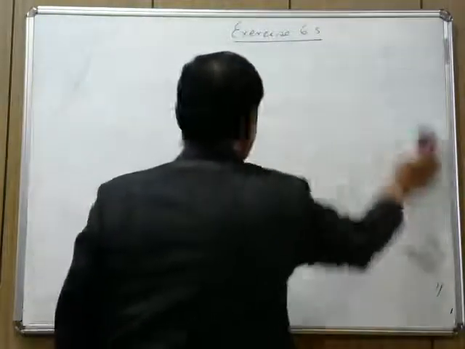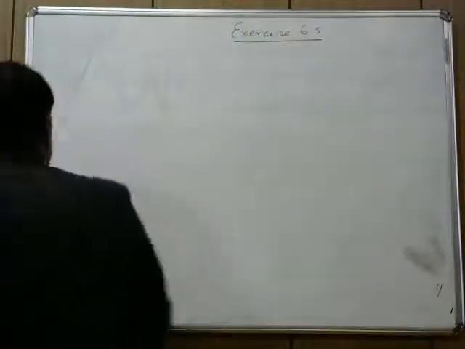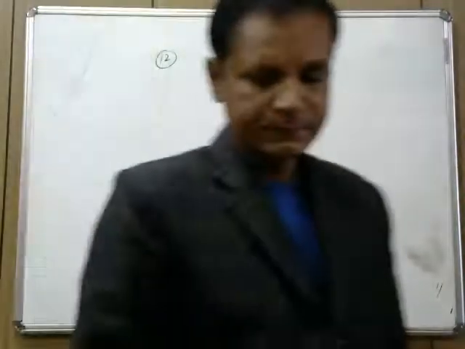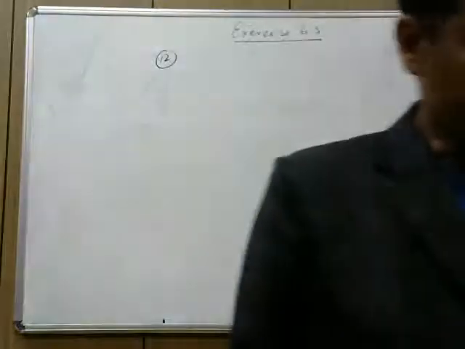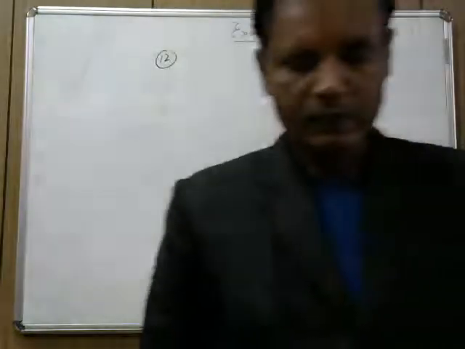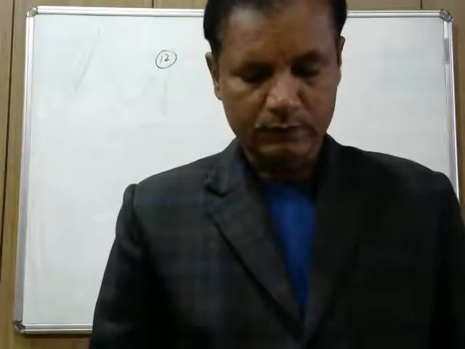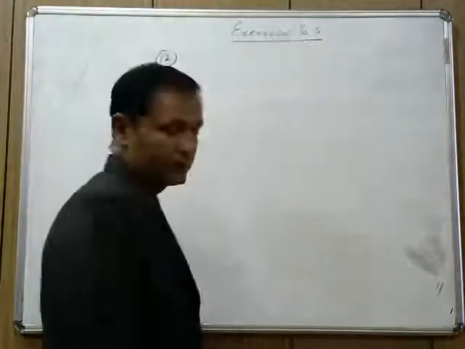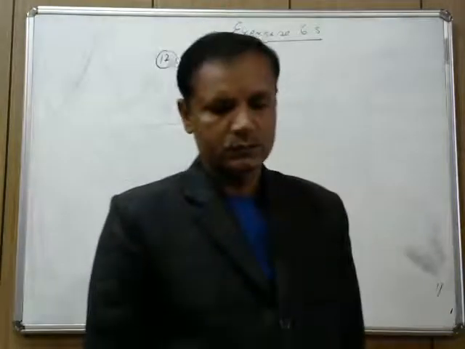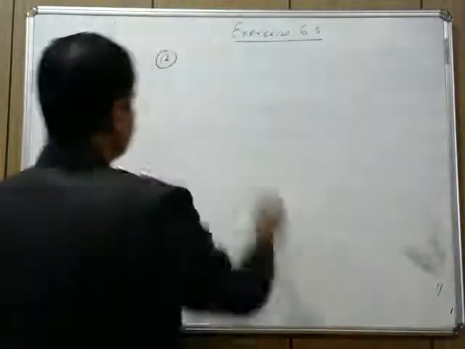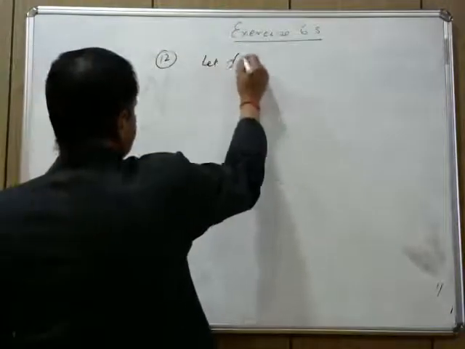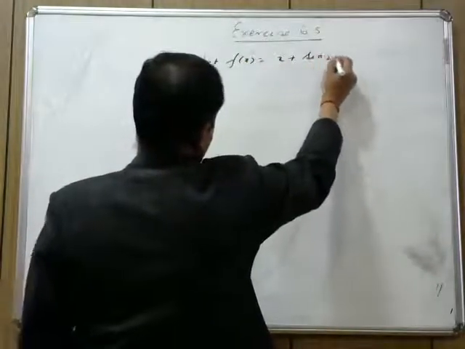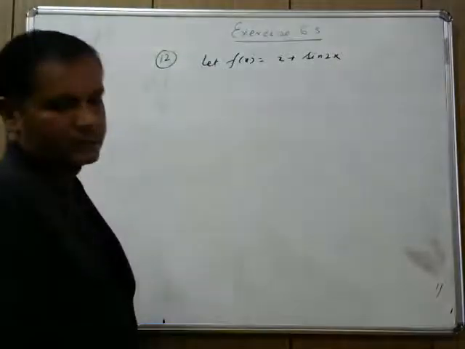In question number 12, it is given that find the maximum and minimum value of x plus sine 2x in the interval 0 to 2 pi. Therefore, let f of x is equal to x plus sine 2x.